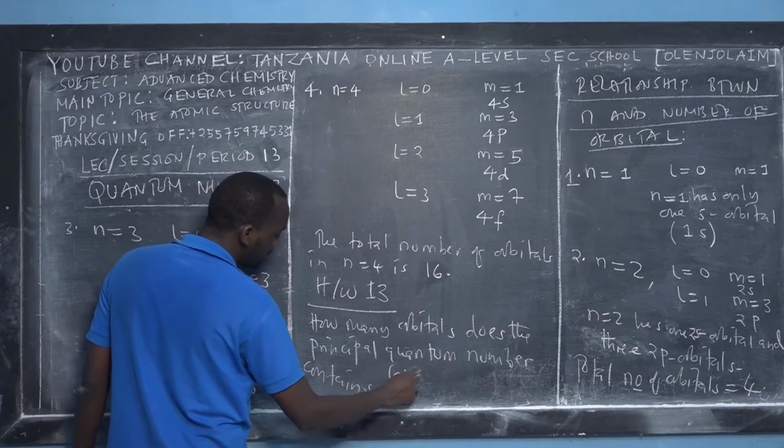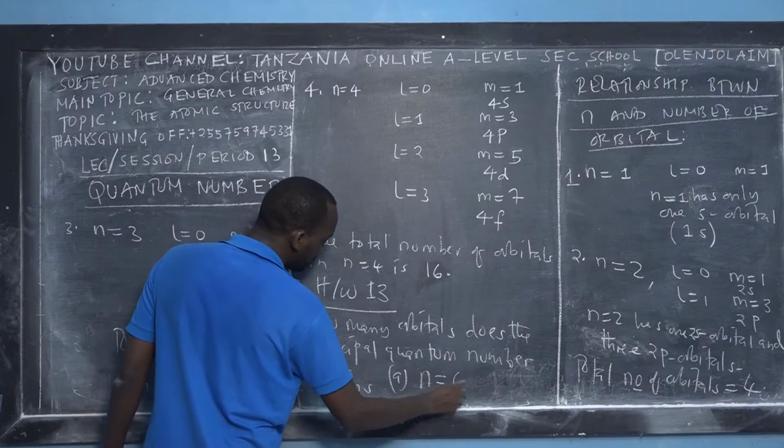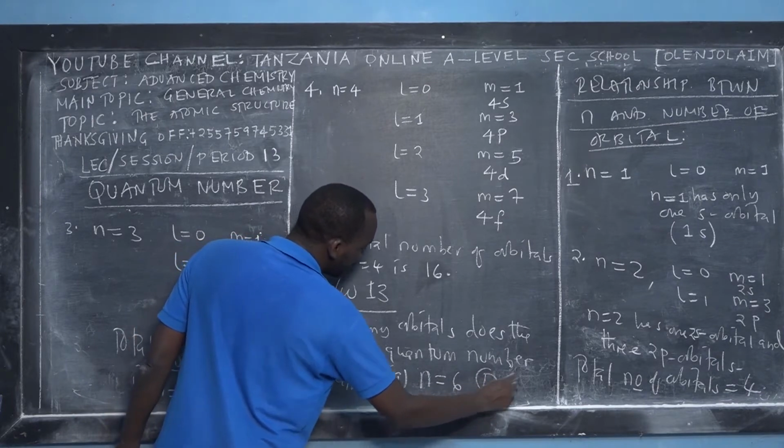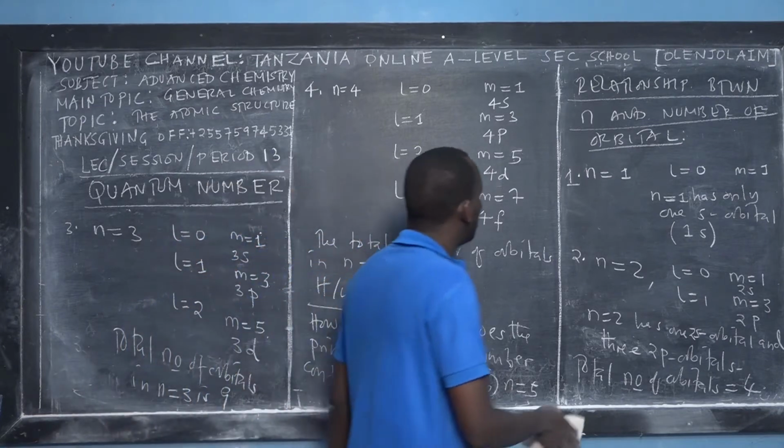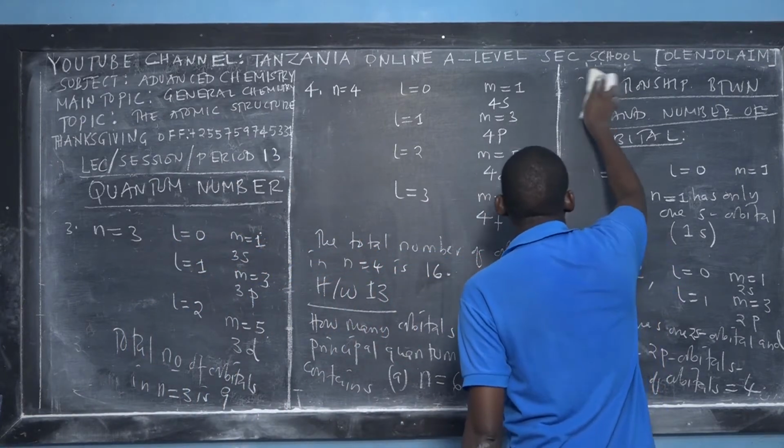Part A, when n is equal to 6, and part B, when n is equal to 5. So work on those principal quantum numbers.